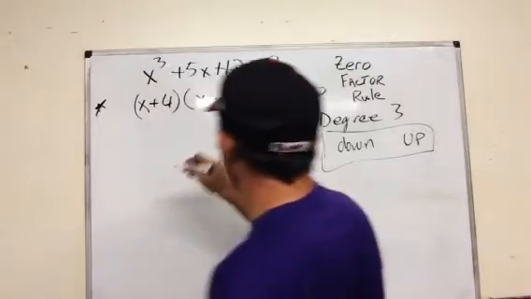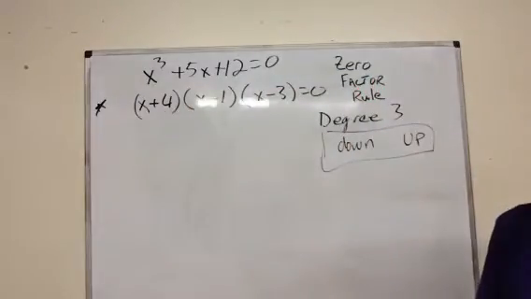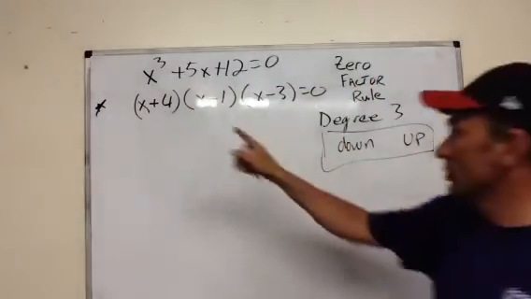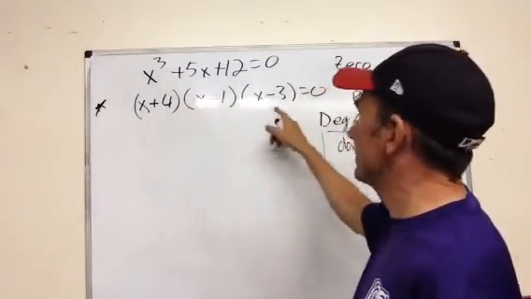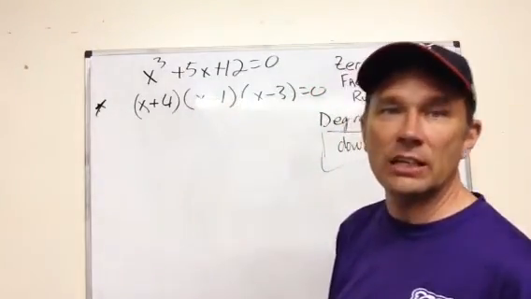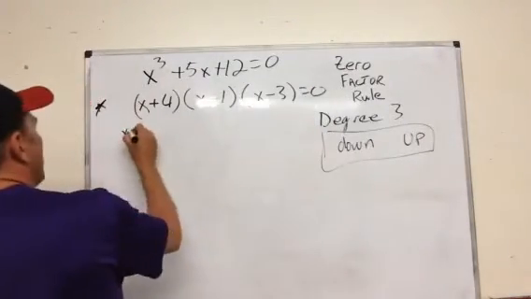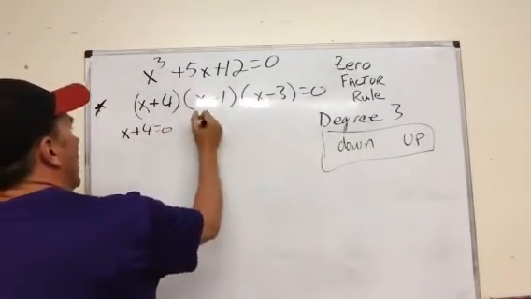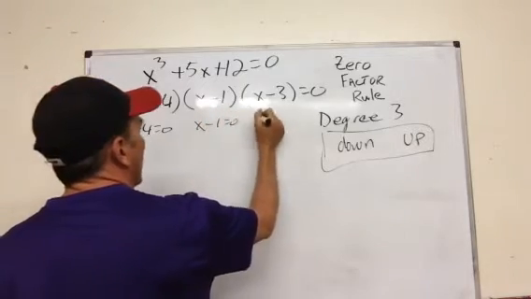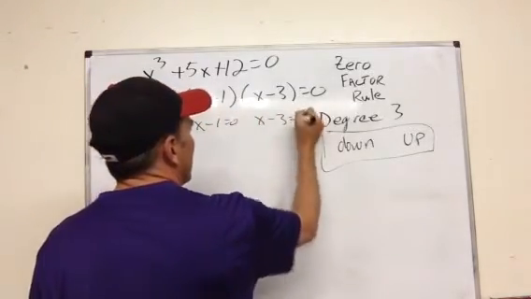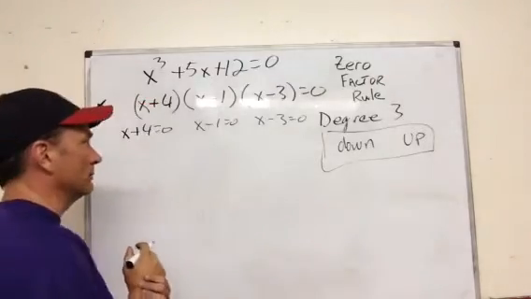Now, from these points, I need to establish my zeros. We're setting each thing in parentheses, each one of the factors, equal to 0. So I'm going to go x plus 4 equals 0, x minus 1 equals 0, and x minus 3 equals 0.